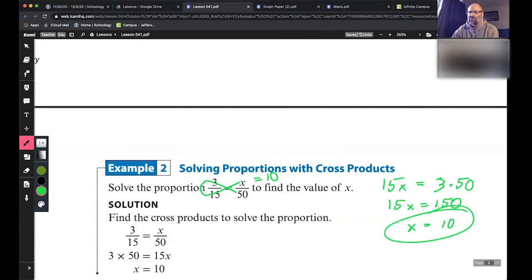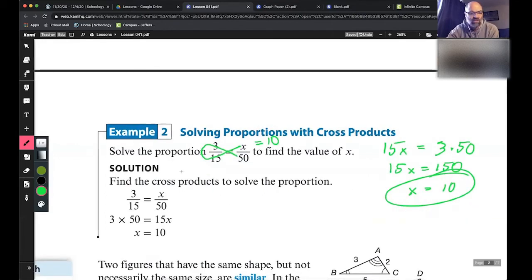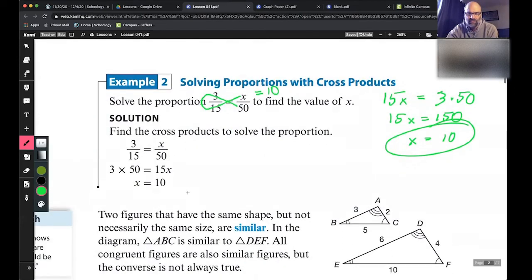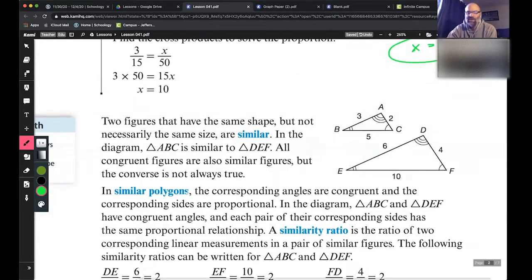Okay. So if the fish method is confusing to you, or you had a bad experience with fish when you were a young child person, then write it out. Just write out the two cross products and set them equal to each other, and then solve for the missing number.